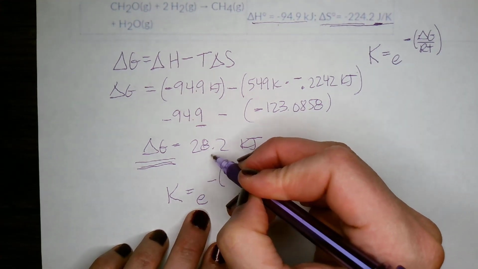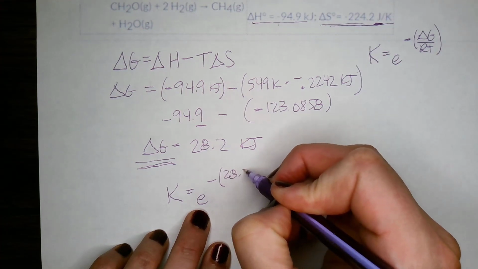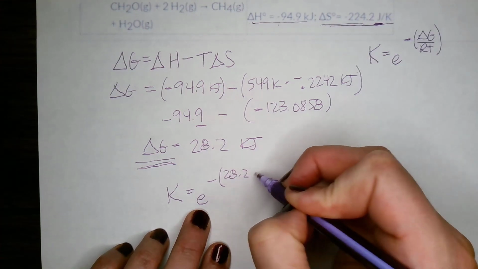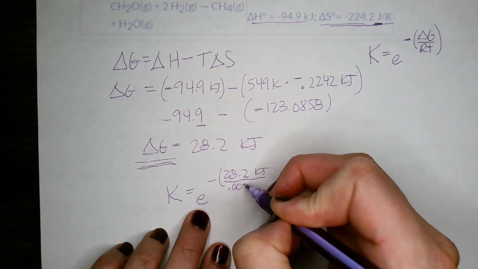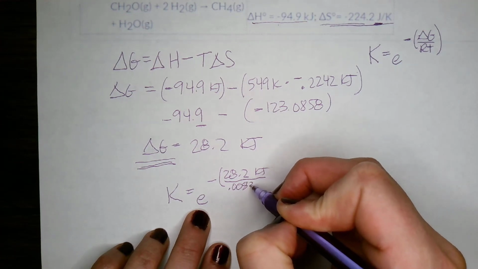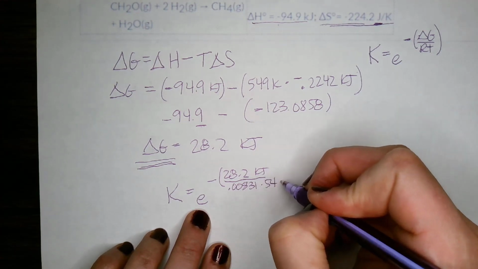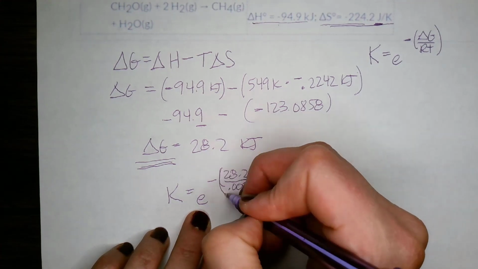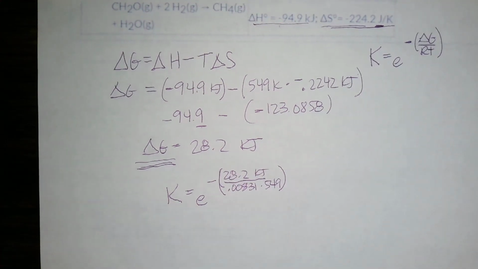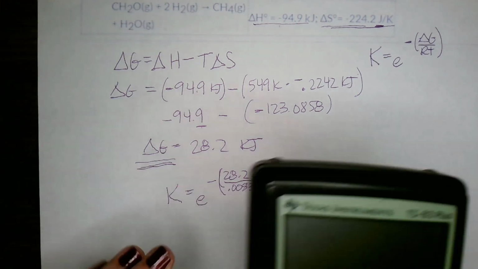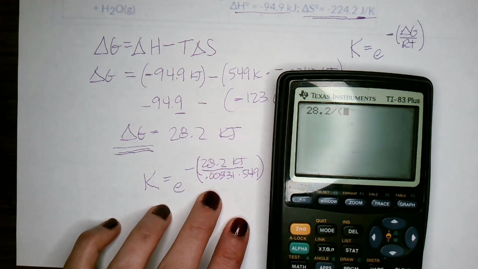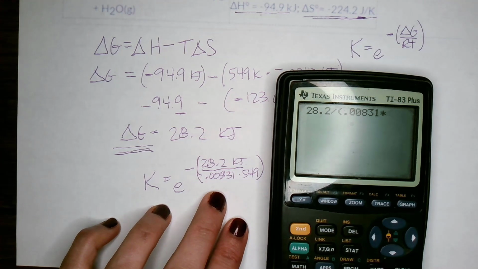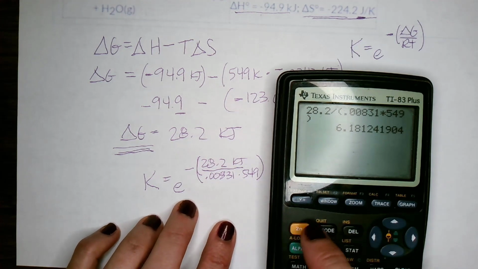So K is equal to, again, Euler's number, the opposite of natural log, to the negative. We're going to plug in our 28.2 kilojoules over R, 0.00831, times our temperature, 549 Kelvin. Let's use our calculator here: 28.2 divided by 0.00831 times 549.